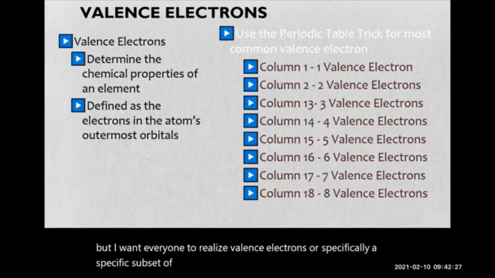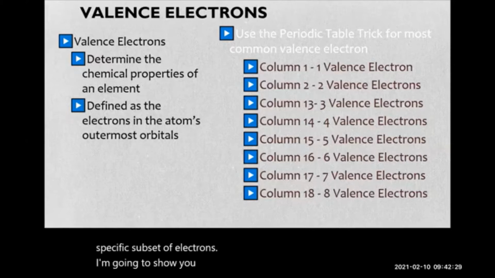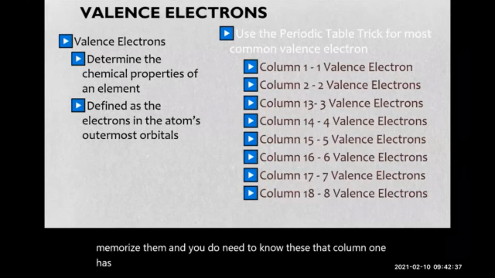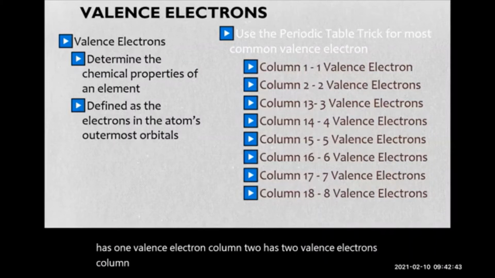I'm going to show you the periodic table trick, but if you just want to memorize them, and you do need to know these, know that column 1 has 1 valence electron. Column 2 has 2 valence electrons. Column 13 has 3 valence electrons. Column 14 has 4 valence electrons.